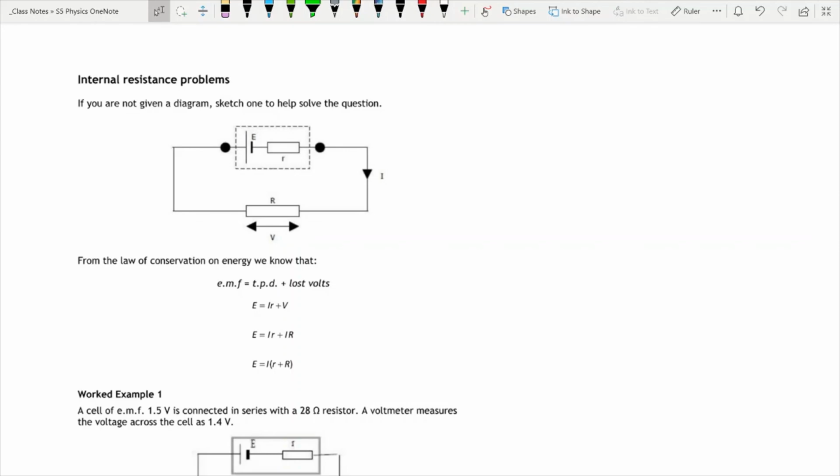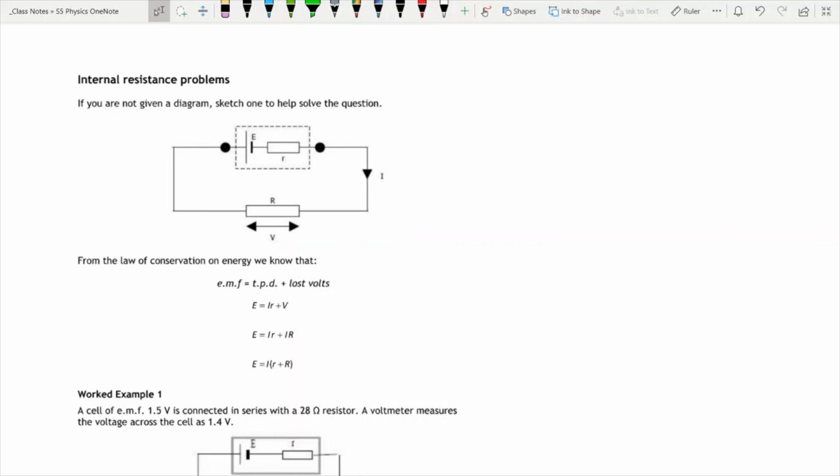It does help to draw a dotted line around an EMF and an internal resistance. From the law of conservation of energy, we know that the EMF is the terminal potential difference plus the lost volts, which we said earlier. So the EMF, capital E, is lost volts, I times little r, plus V, the terminal potential difference.